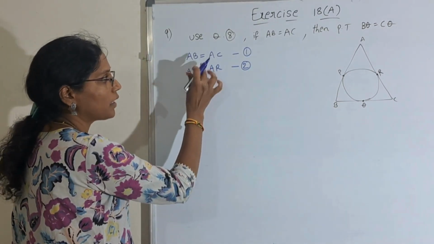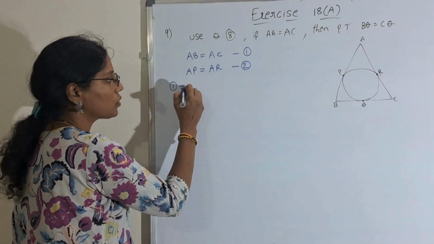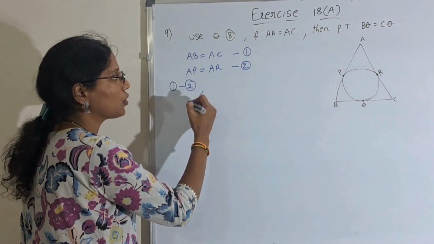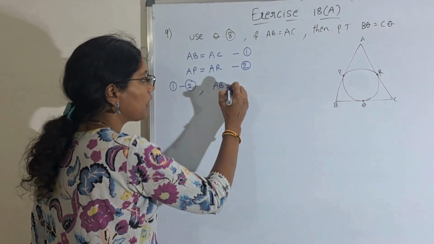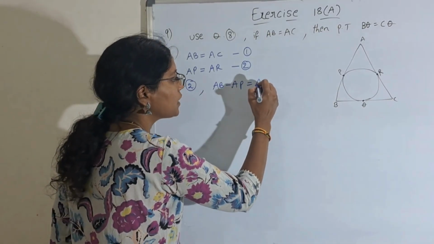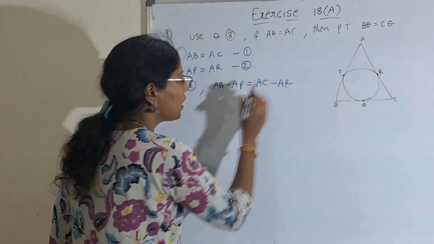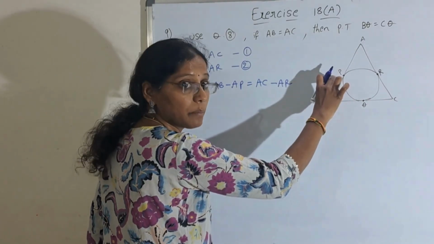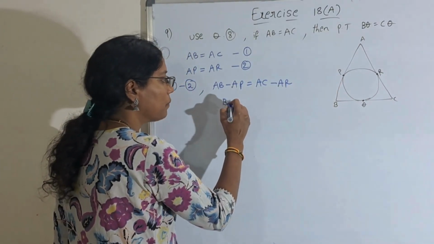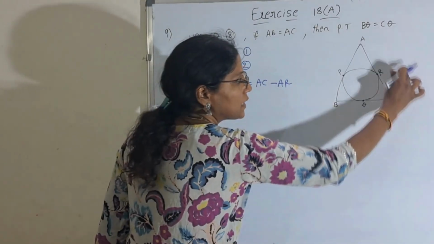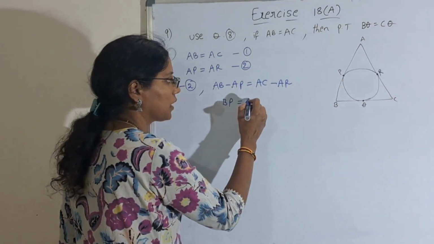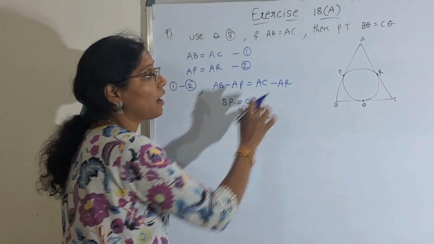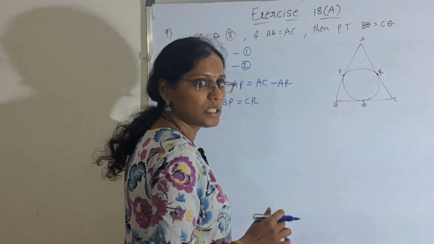Now we have to write 1 minus 2. Equation 1 minus equation 2. What we can write? AB minus AP is equal to AC minus AR. Observe this diagram. AB minus AP, remaining BP we can write. BP is equal to AC minus AR, CR. But we have to prove BQ is equal to CQ.